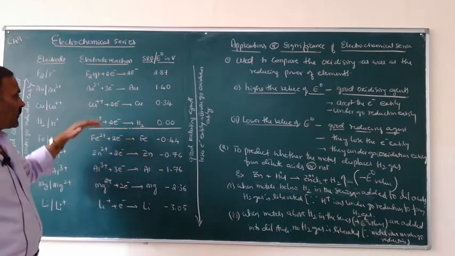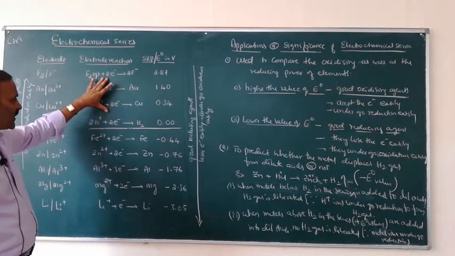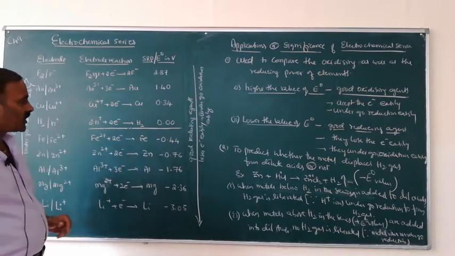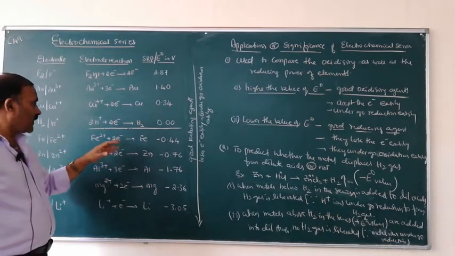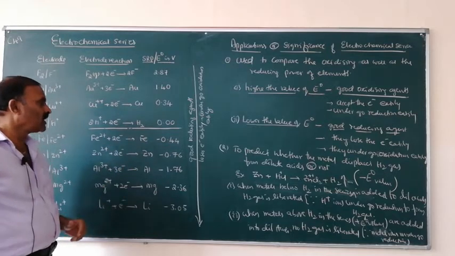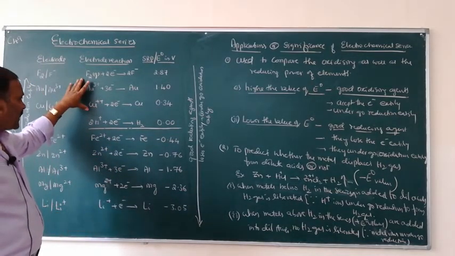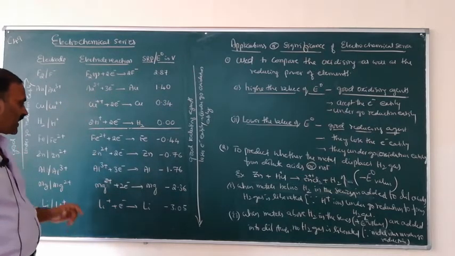On the other hand, if a metal added is above hydrogen in the electrochemical series, hydrogen gas is not liberated because in the first case hydrogen ions undergo reduction forming hydrogen gas. In the latter cases, these metals undergo reduction forming metals.